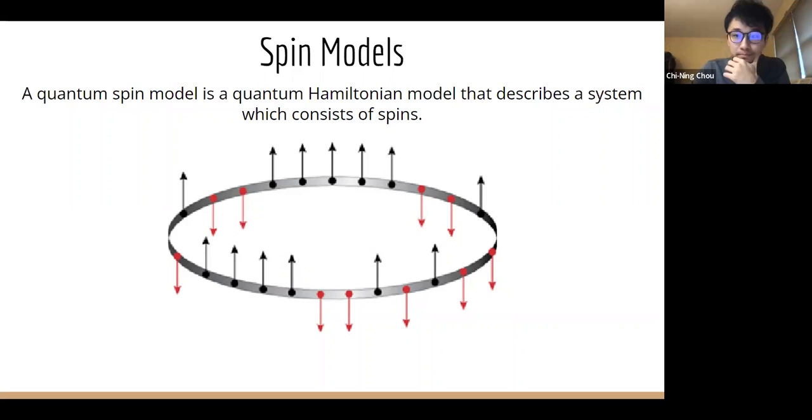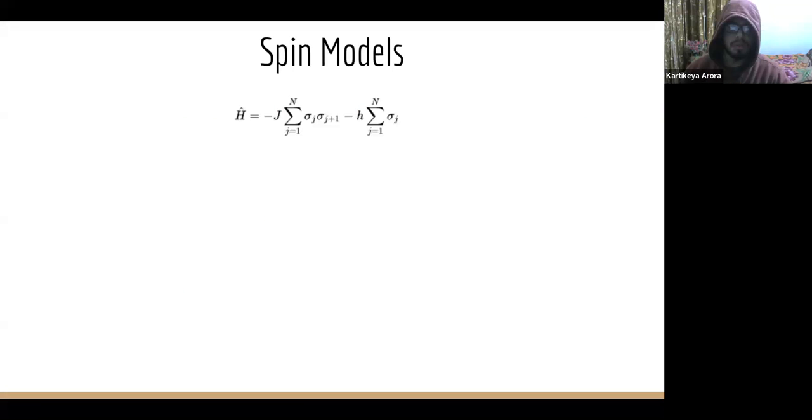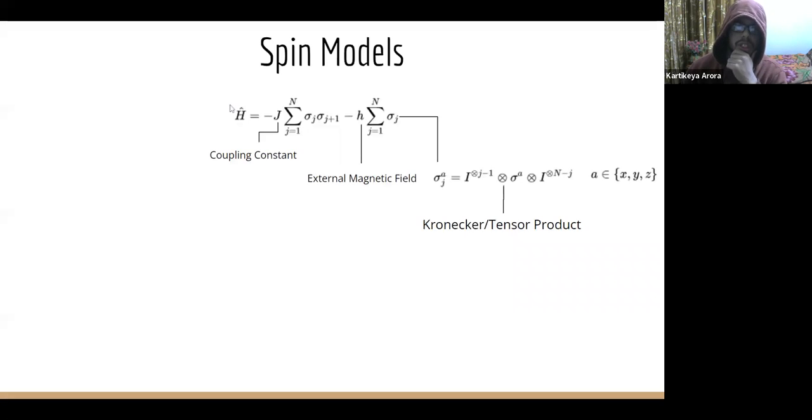Okay, so moving ahead. Now we can see one of the famous models known as the Heisenberg spin chain. We'll try to see what the various components of this equation are. Of course, the left-hand side represents the Hamiltonian, or the total energy of the system. J here represents the coupling constant, or the interaction energy.